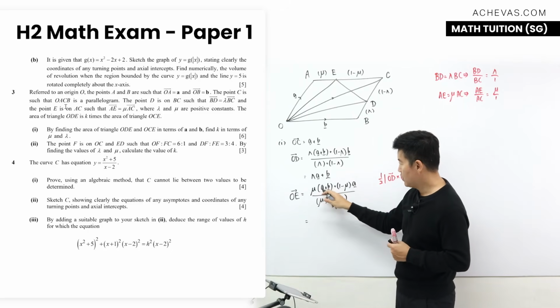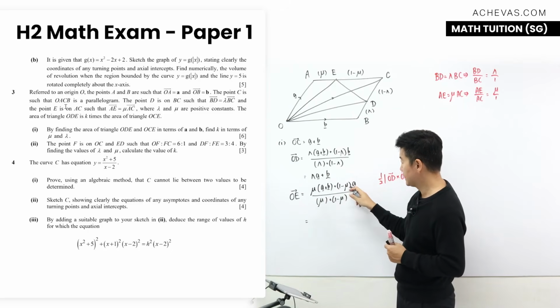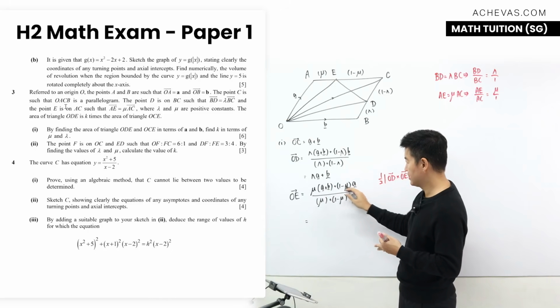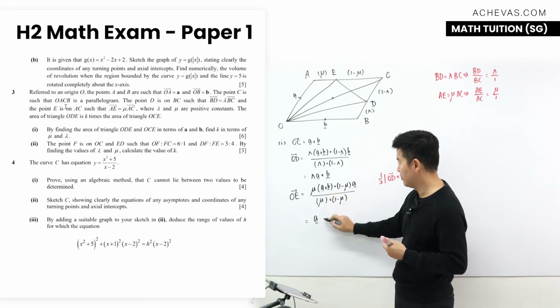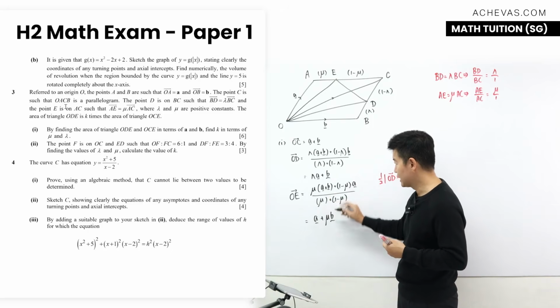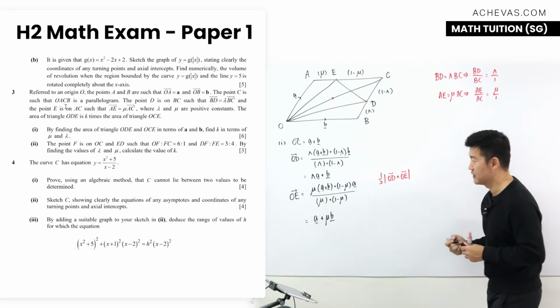So we have mu A minus mu A will disappear, and this times this is going to be A. So we have A, then after that we will have mu B. Okay, and as expected, they're almost the same.